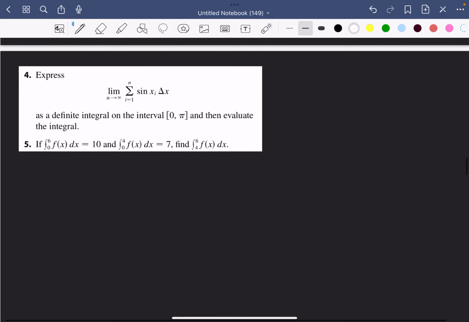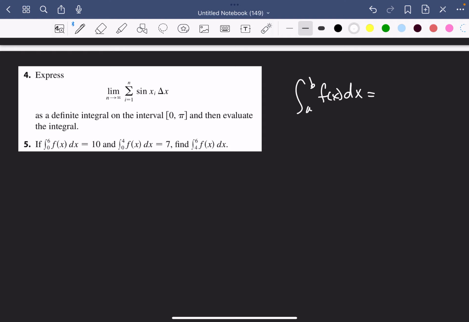So number 4, it says this is a definite integral. So we know that the integral from a to b of f of x dx is exactly equal to the sum of f of x sub i times delta x, where i equals 1 to n, and the limit as n goes to infinity, right?